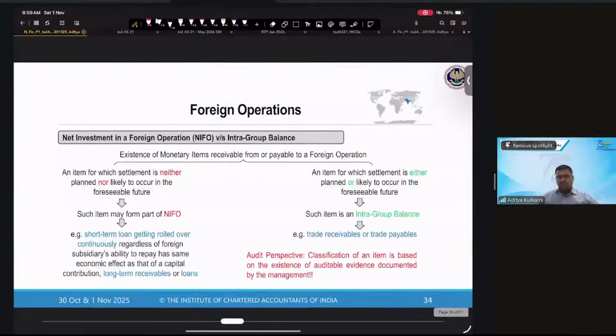So the next important concept that we have is net investment in a foreign operation, NIFO, versus intra-group balance.